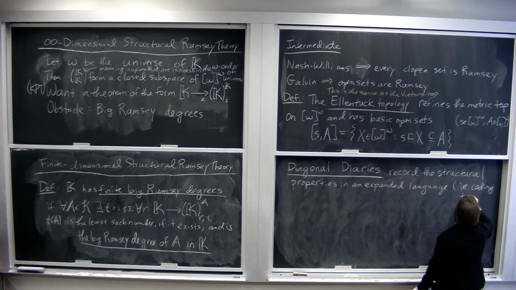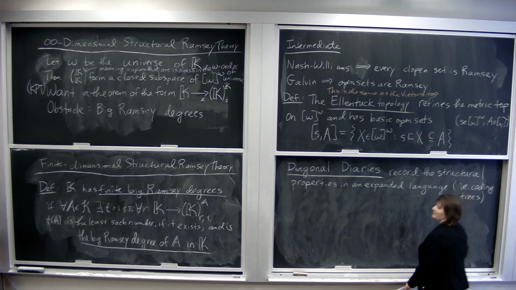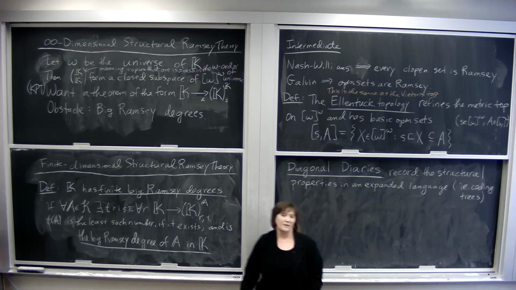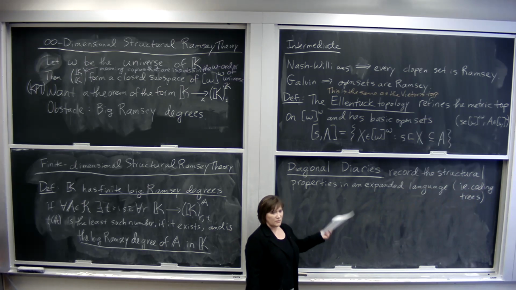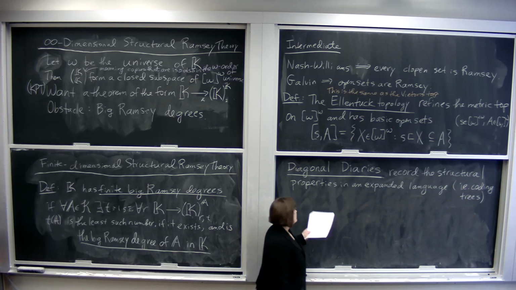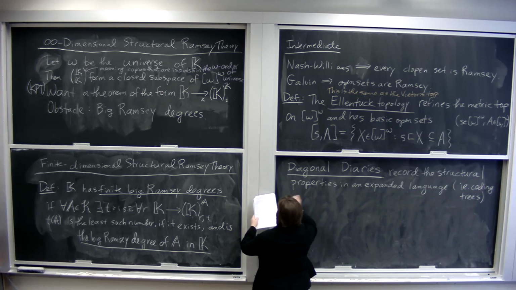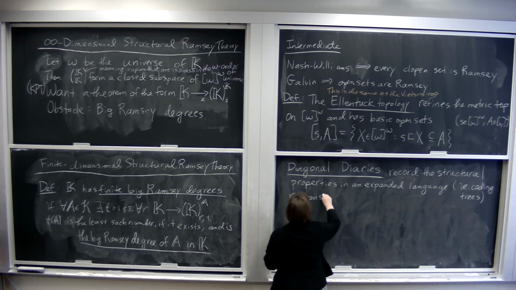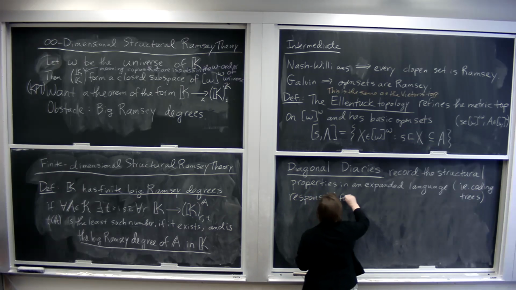The language is what you have to add to be able to encapsulate the structures you get in coding trees with the structures themselves, responsible for the big Ramsey degrees.